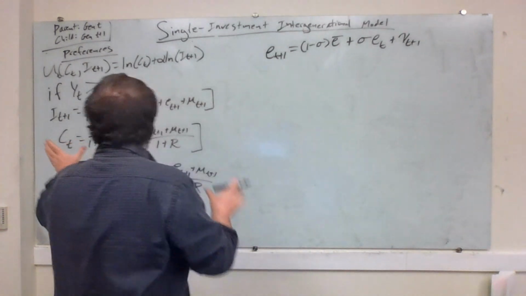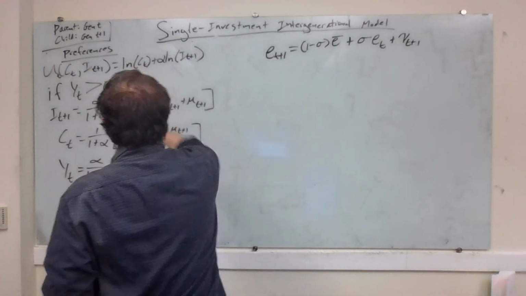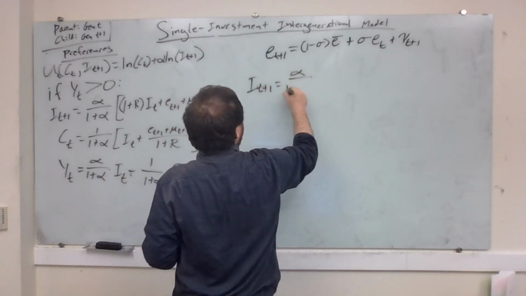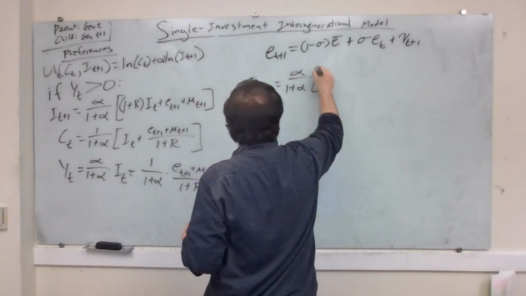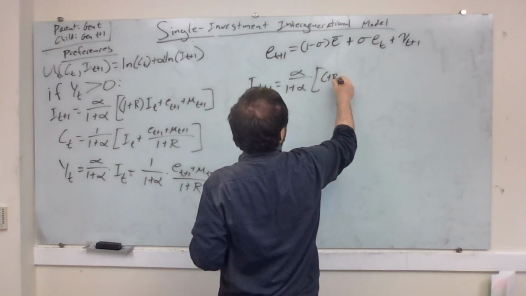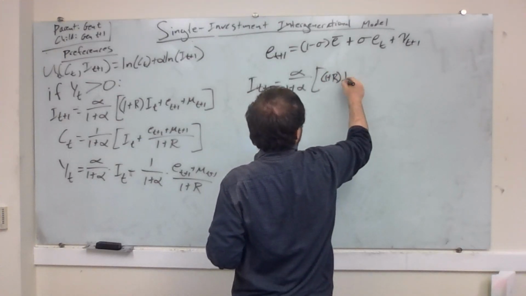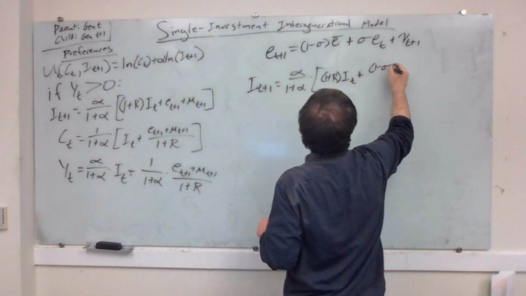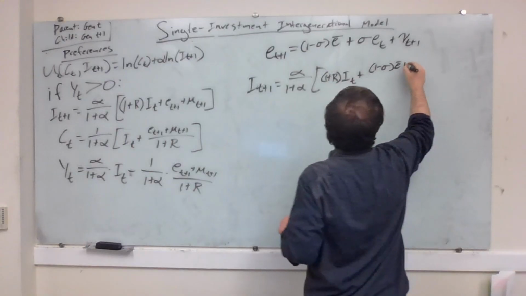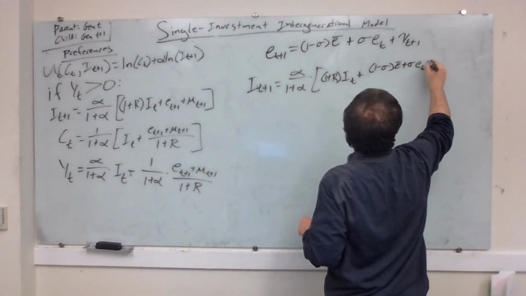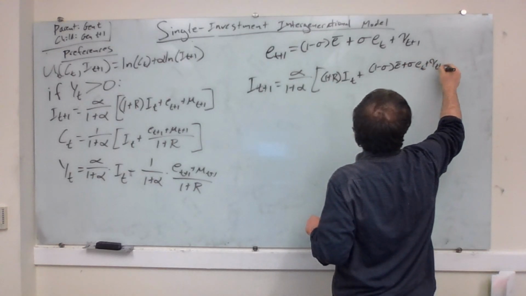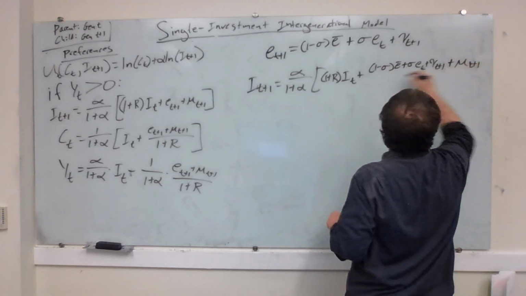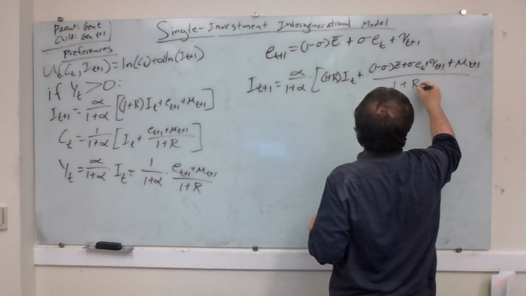So finally, when we take our I_{t+1}, we can lump this in here. We can say I_{t+1} equals alpha over 1 plus alpha, times 1 plus r, times I_t, plus (1 minus sigma) E-bar plus sigma E_t plus nu_{t+1} plus mu_{t+1}, all over 1 plus r.